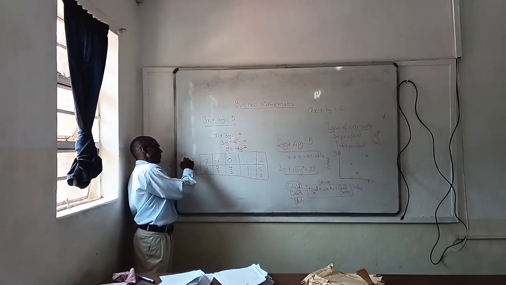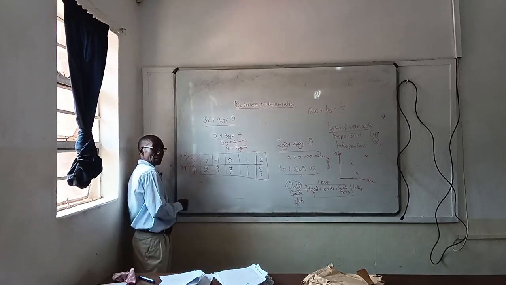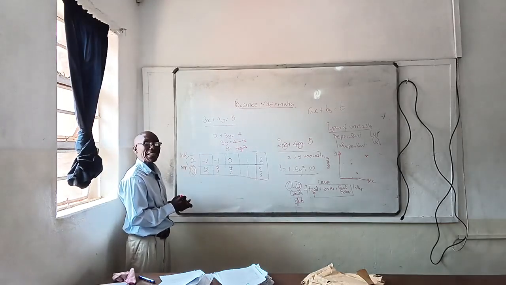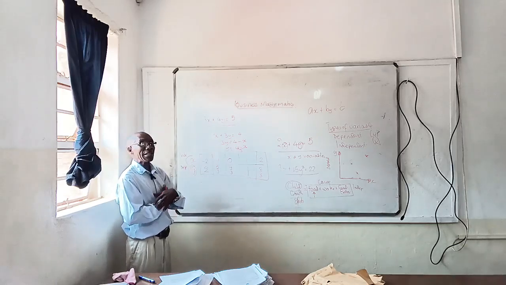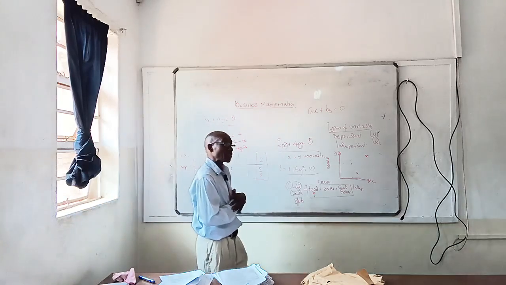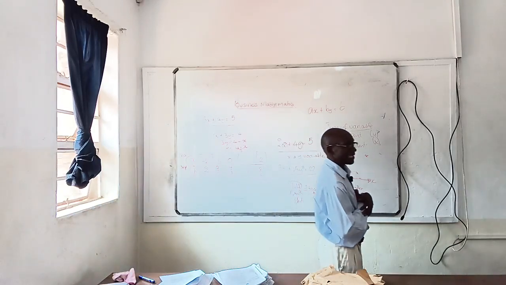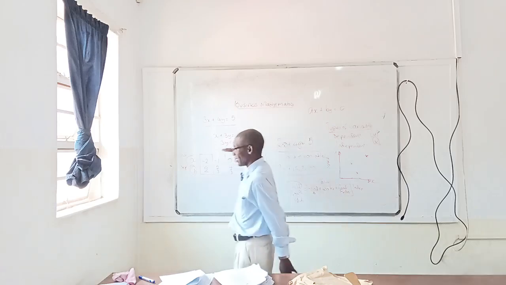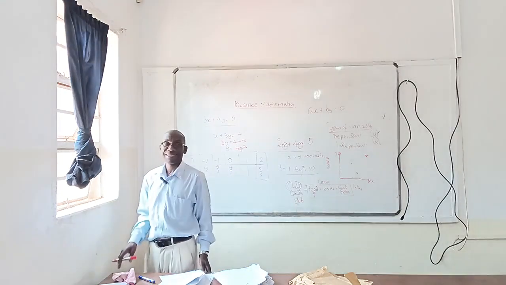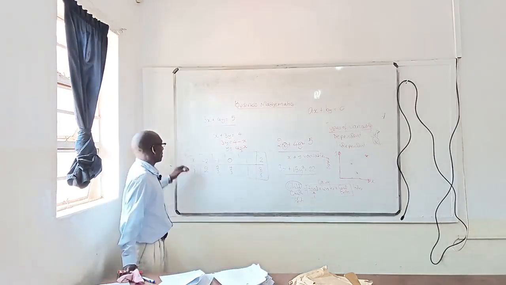Because it is depending on x. That's why the x is standalone. It is independent. X is not moved at all. That's why here it still remains like that. That's why I was saying this is independent.